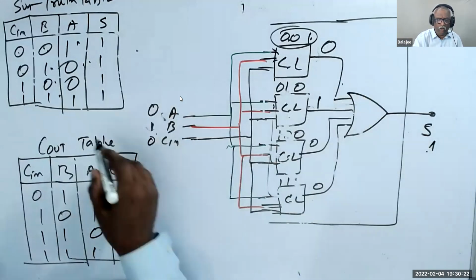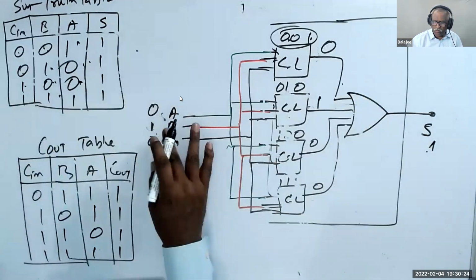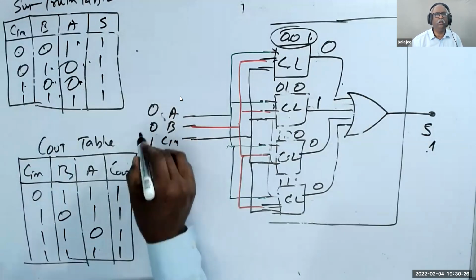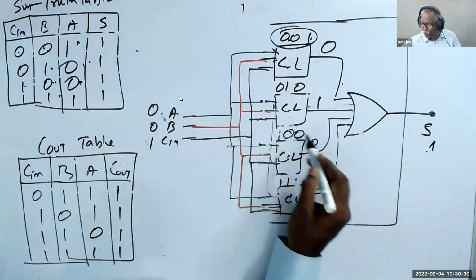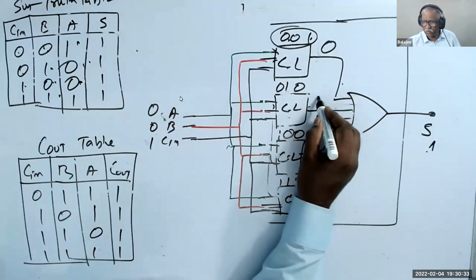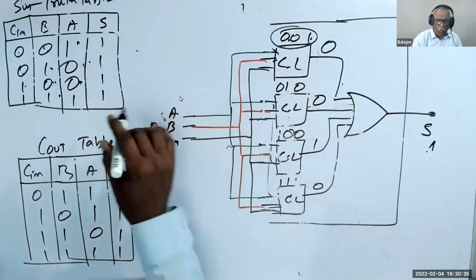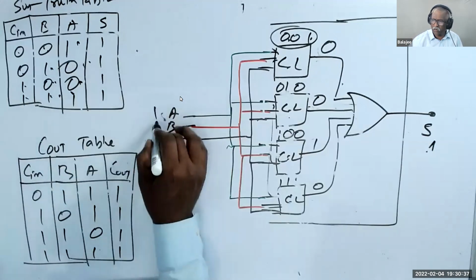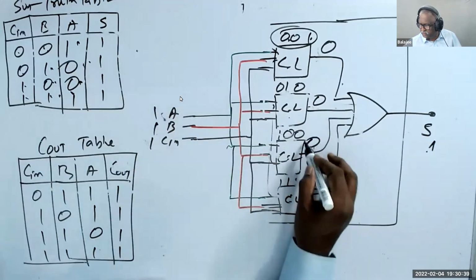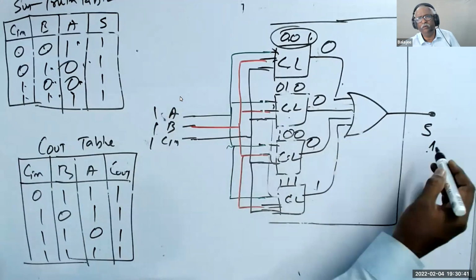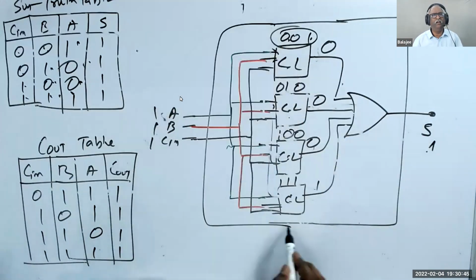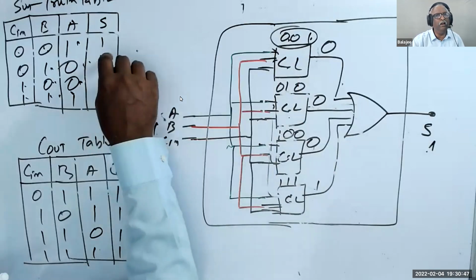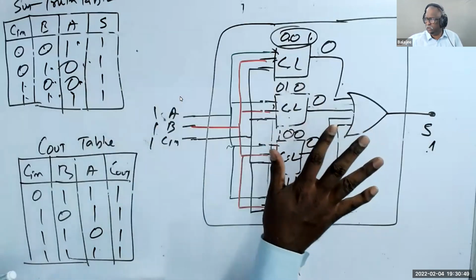Now if I give 1, 0, 0, then this matches, this becomes 1, this becomes 0. If I give 1, 1, 1, all are 0 except this. So this becomes 1. This is what we have now drawn a diagram for: sum logic.